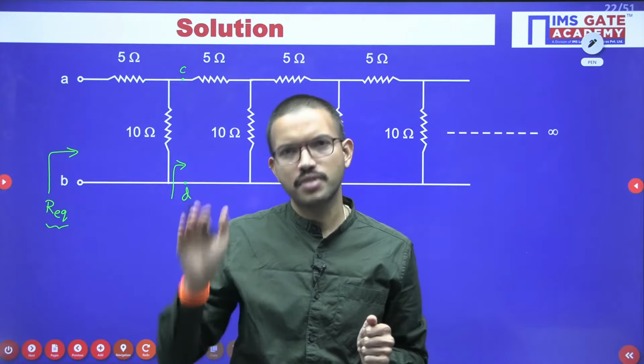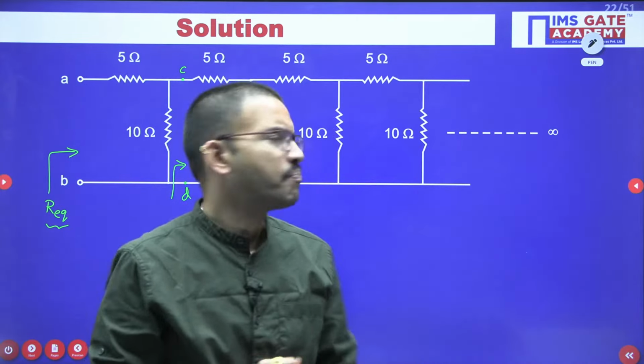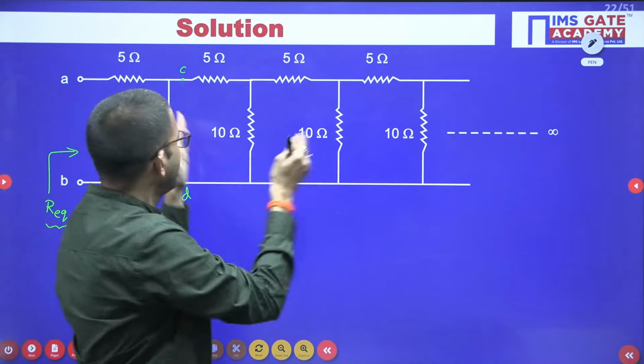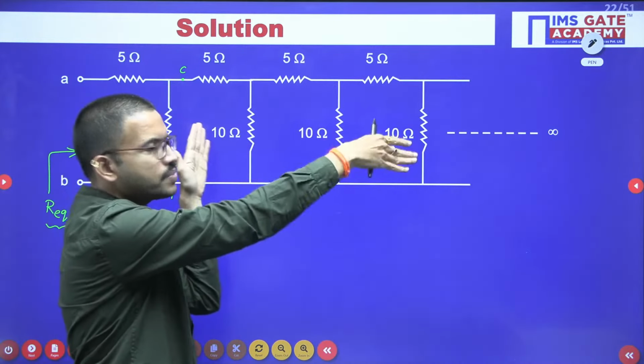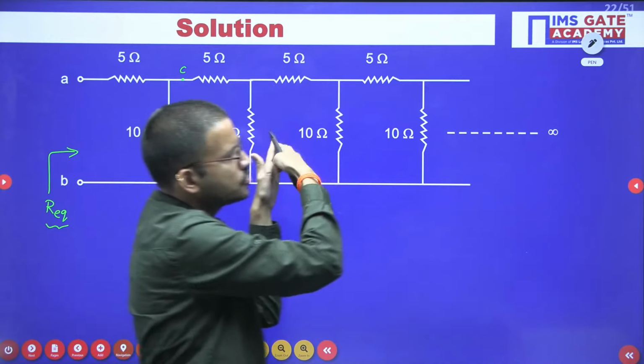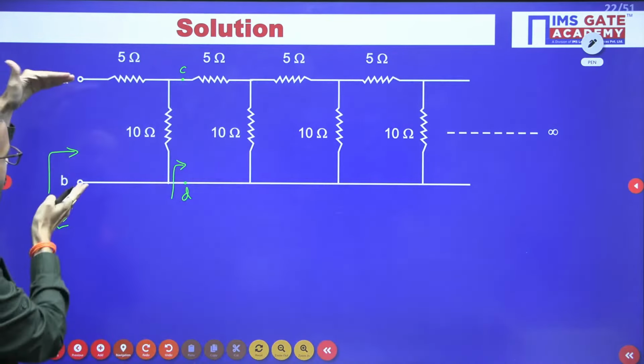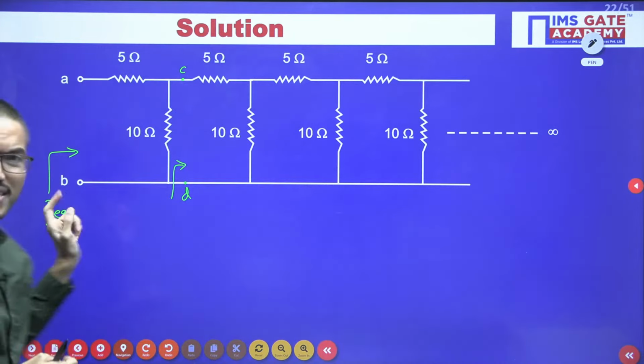In a similar way, when you have this infinite ladder network, 5 ohm, 10 ohm, 5 ohm, 10 ohm, with connections up to infinity, and you look from the terminals A and B, you get some equivalent resistance.